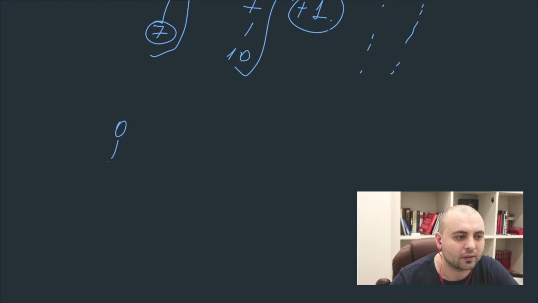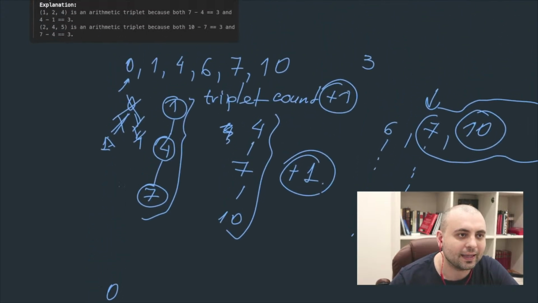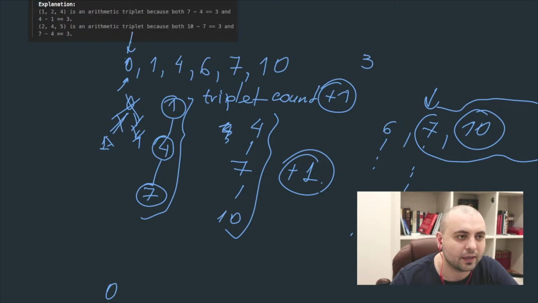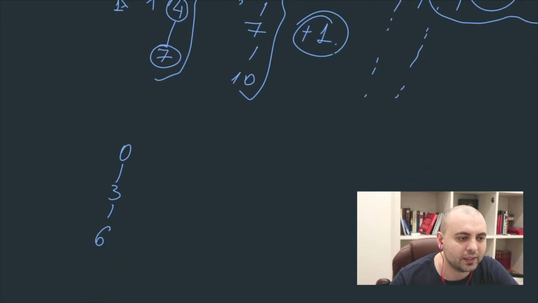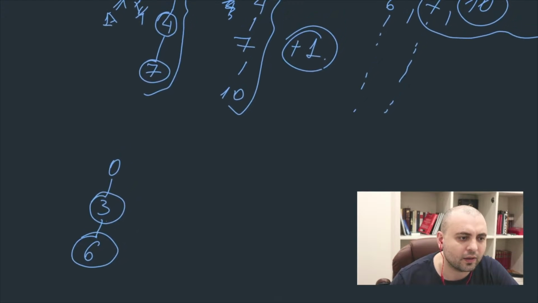So given a number, like 0, let's assume, a possible triplet in this case will be 3 and 6. So what we need to do is try to find in our vector if these items exist. If they exist, then we increment the count by 1.